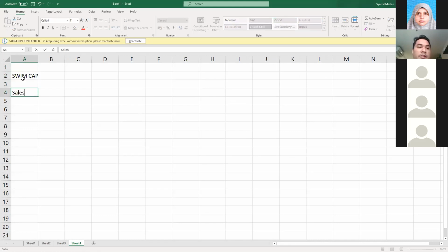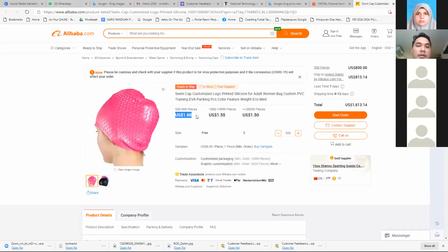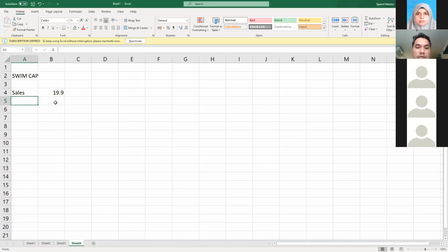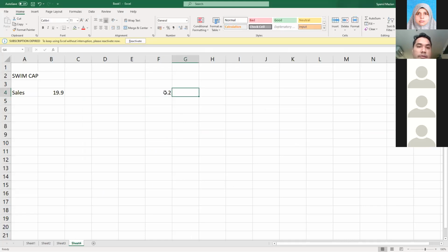Okay. How much is the sale price for one swim cap? 19.90, right? Is it true? Yes. Okay. So how much the cost actually is $1.6. So cost is 1.6 multiplied by, because it's a US dollar, right? 4.5.